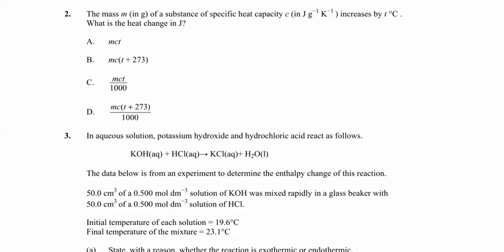Number 2 here, the question is just asking to find Q, and the thing to notice is because C is in joules per gram per Kelvin, and because the temperature increases by T degrees Celsius, that's also the temperature change in Kelvin as well, so that's fine. And the mass is given in grams, so my answer is going to be in joules, which is what it wants.